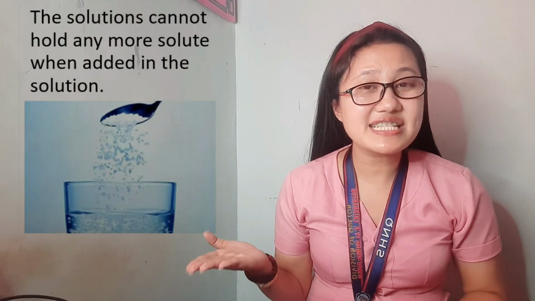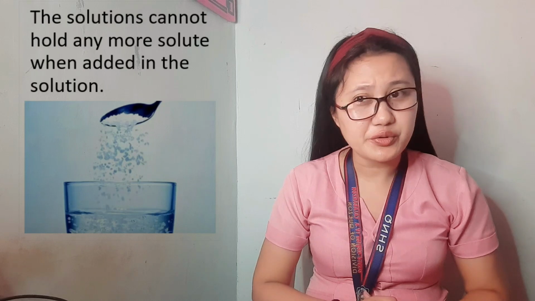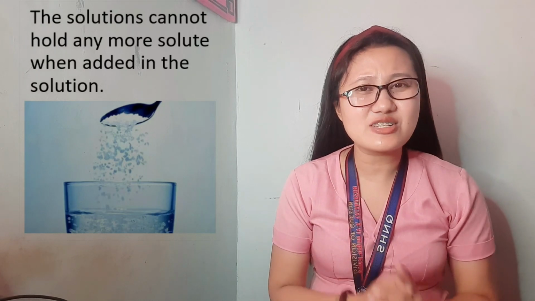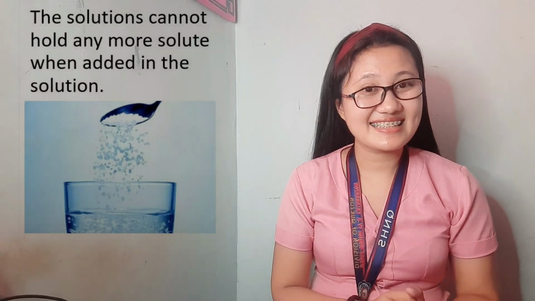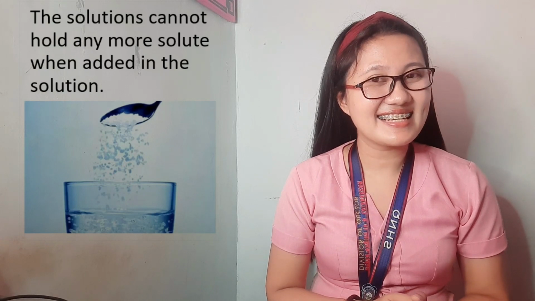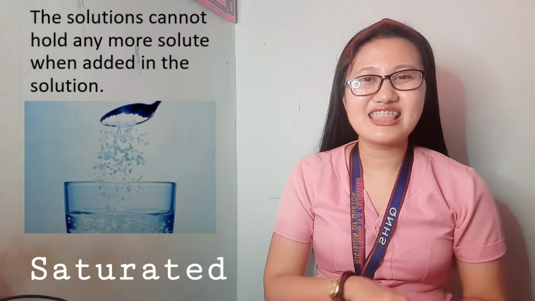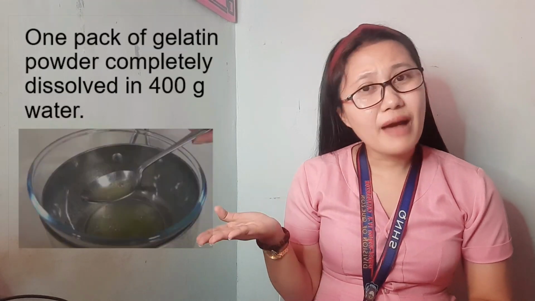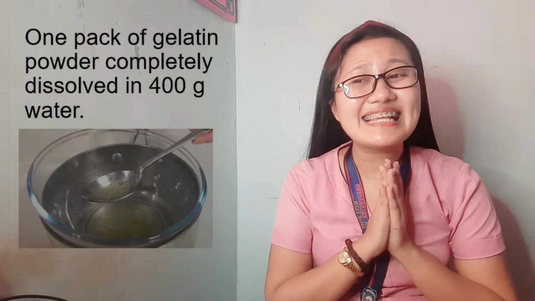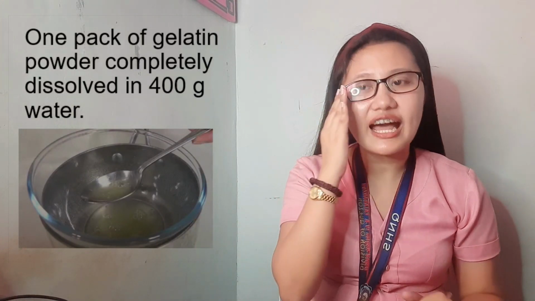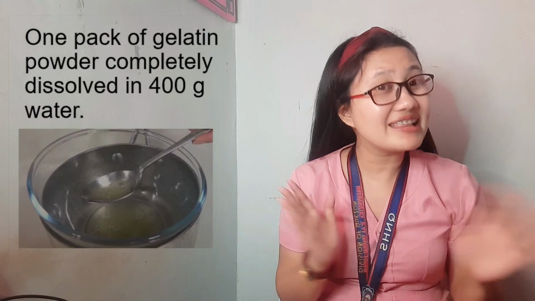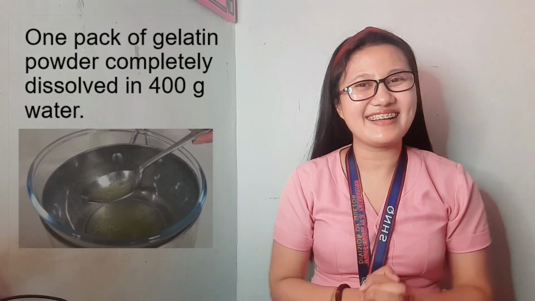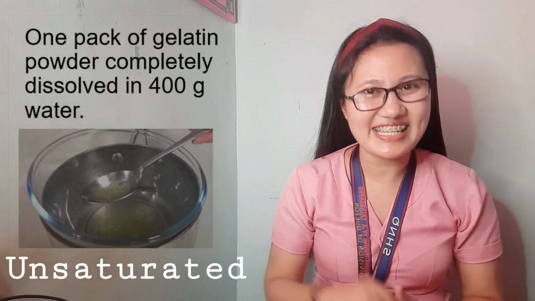How about number 3? The solution cannot hold any more solute when added in the solution. That is saturated. Number 4. 1 pack of gelatin powder completely dissolved in 400 grams of water. Completely dissolved. Yeah, that is unsaturated.